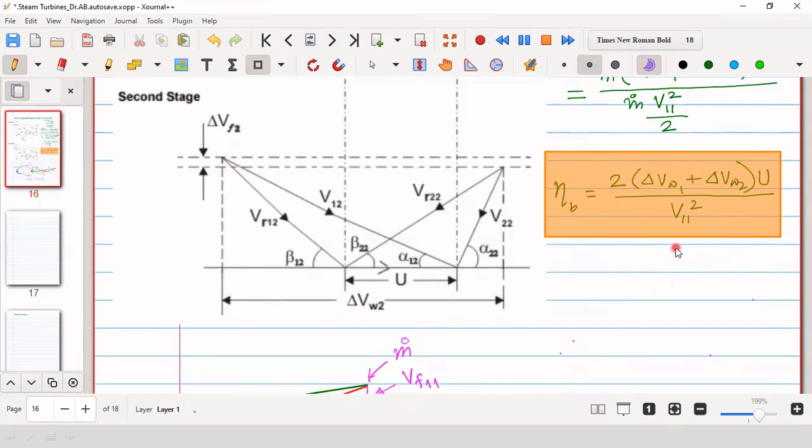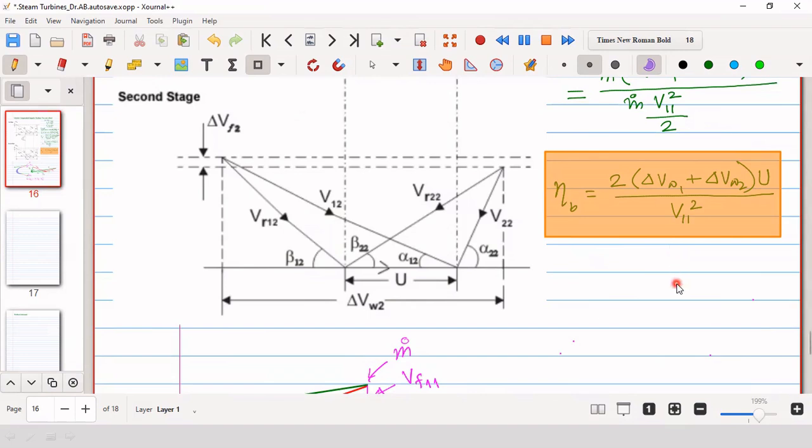So our target was to reduce the blade speed at very high speed of the blade by splitting the velocity. That means velocity of the moving blade. That is called the velocity compounding.